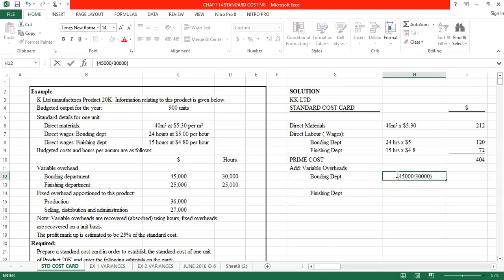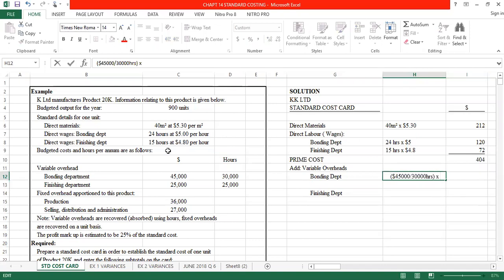What does that give you? It gives you the variable overheads per hour. I'm repeating: $45,000 divided by 30,000 hours gives you the variable cost per hour.